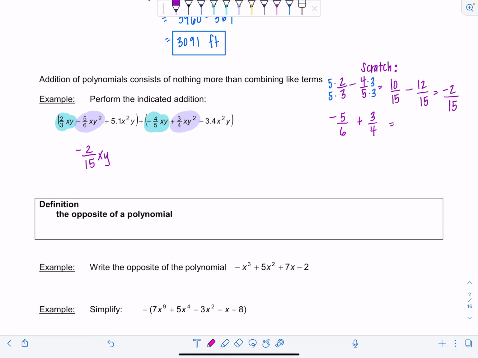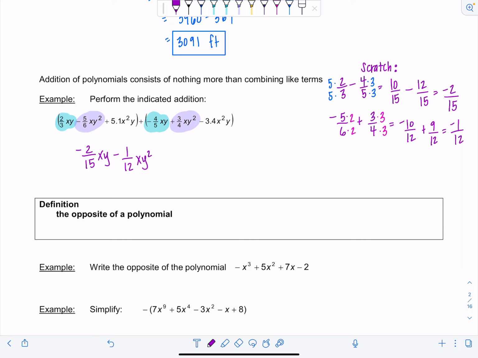Least common denominator here is going to be 12, right? So multiply this one by 2, multiply this one by 3. And now I have negative 10/12 plus 9/12. Leave the denominator alone. I've got negative 1/12 xy squared.